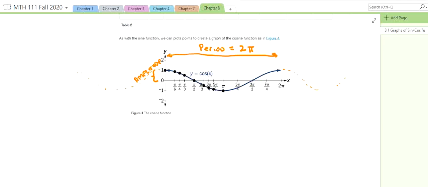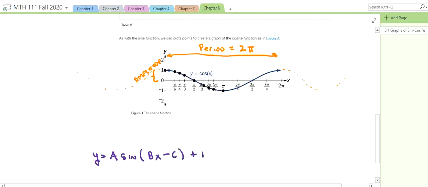Okay, now the next thing we want to talk about is the most general form, or one of the most general ways of representing these functions in this form. And all these coefficients and constants here represent different types of behavior.